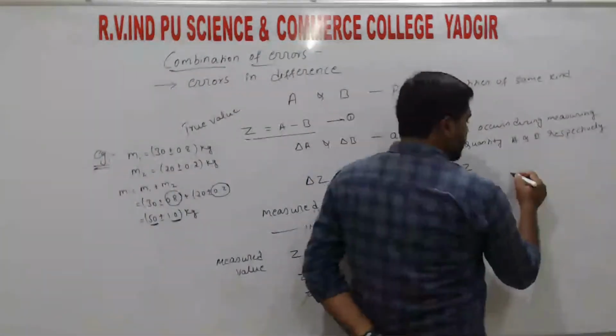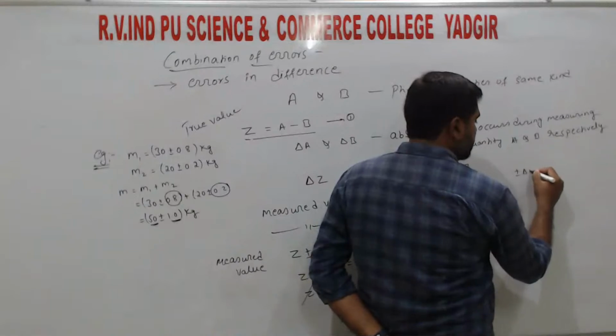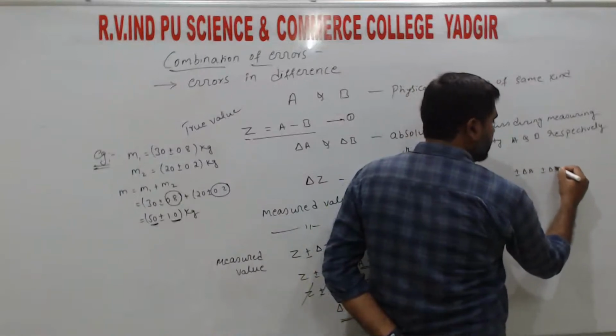So if this is not clear, it is plus or minus delta A plus or minus delta B, right?